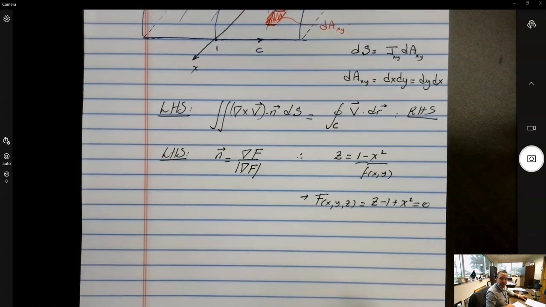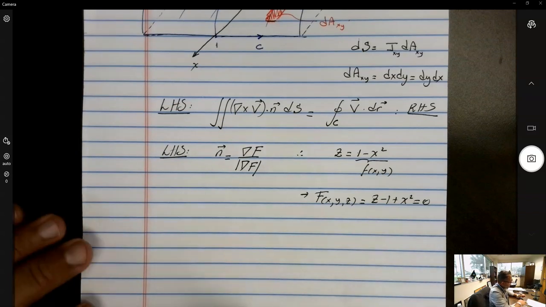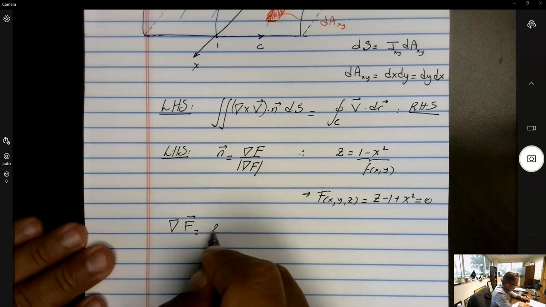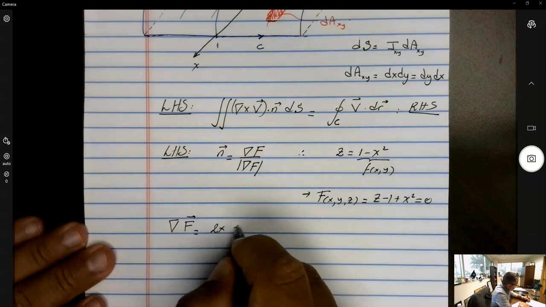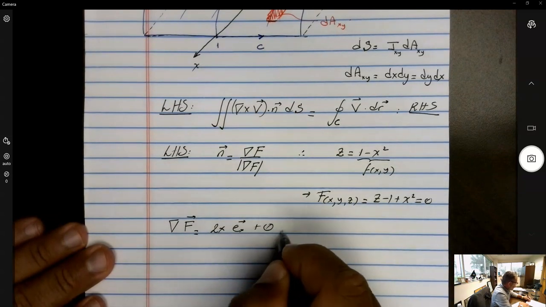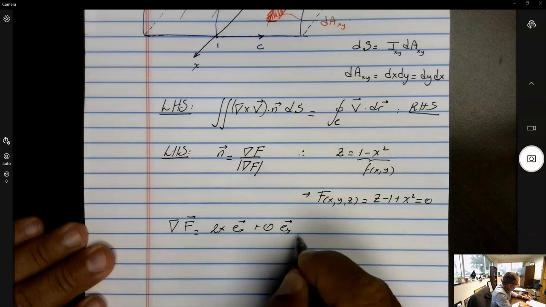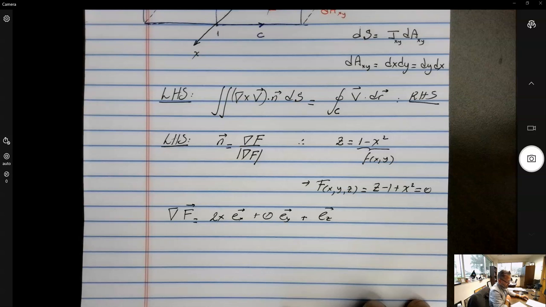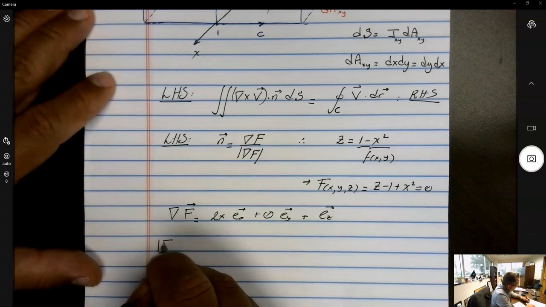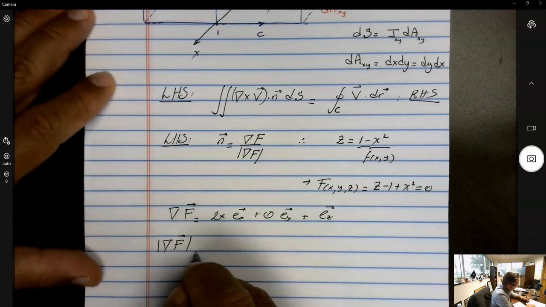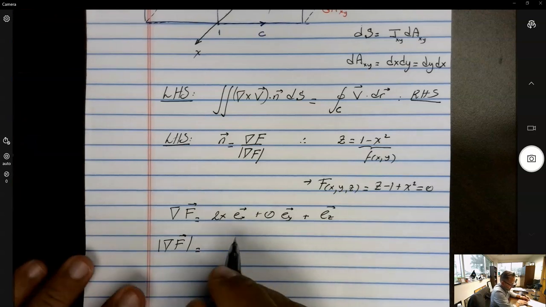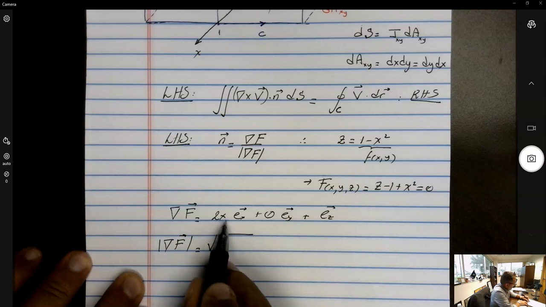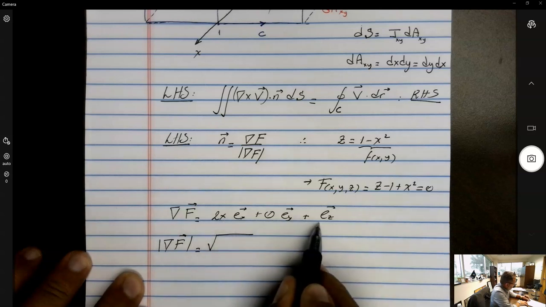So here we are. So the gradient of F is equal to 2x. If I take the derivative of these, it's 2x in the x direction plus 0 in the y direction plus 1 in the z direction. Well, the magnitude of the gradient of F is the square root of this one squared plus this one squared plus this one squared.